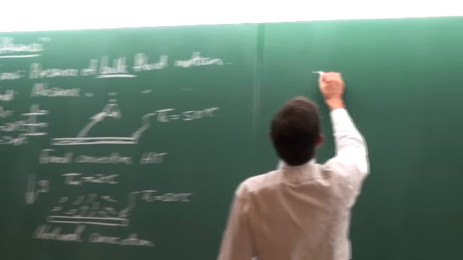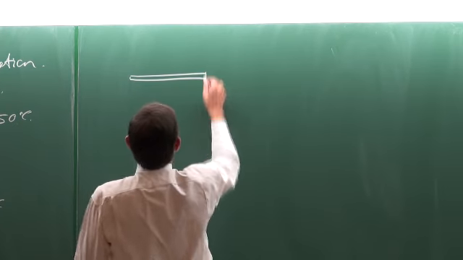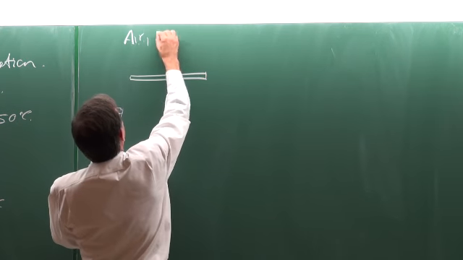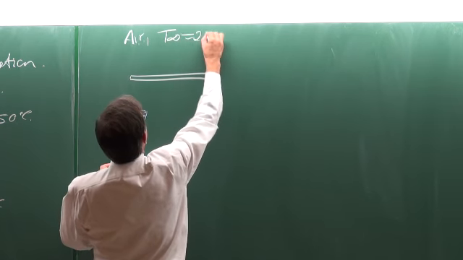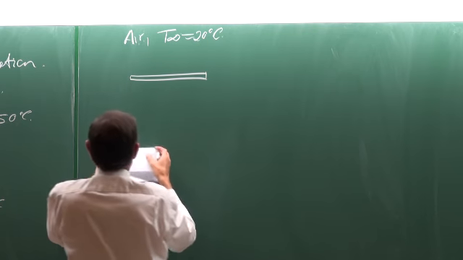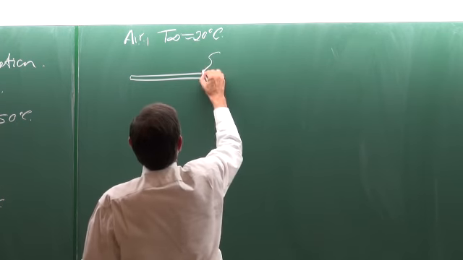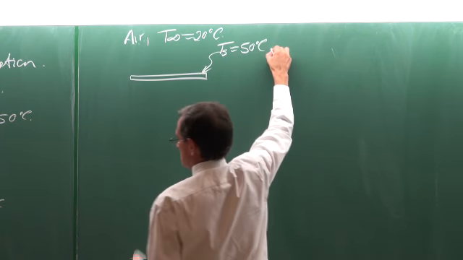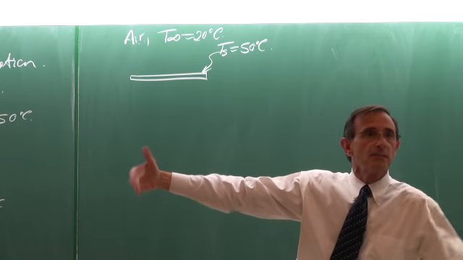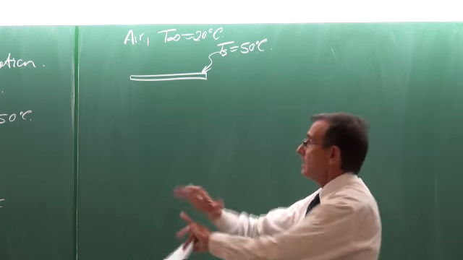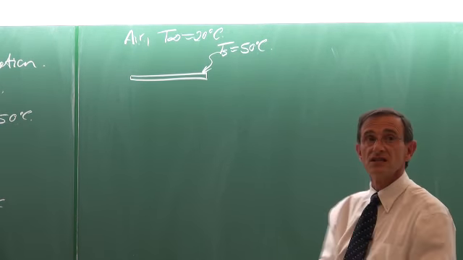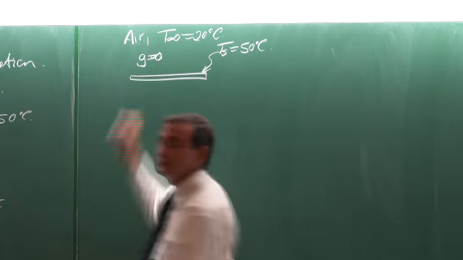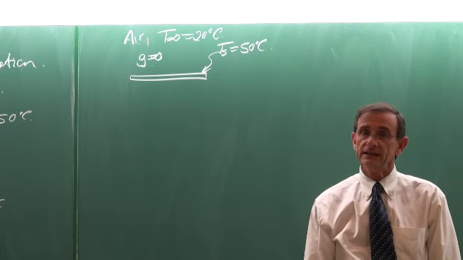Now, let's suppose we do the same experiment with air, again at 20 degrees Celsius, and the plate still at 50 degrees Celsius. So in all three cases, the plate temperature is 50 degrees Celsius, but different environmental conditions. But now, the gravity is equal to 0. So there's no gravity.